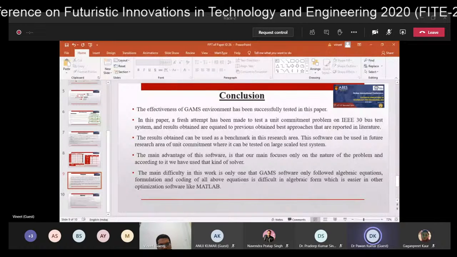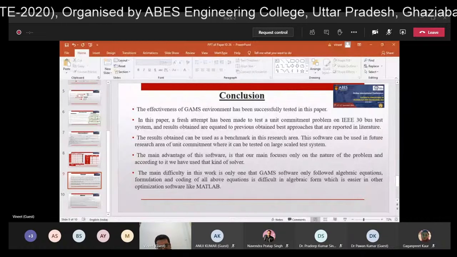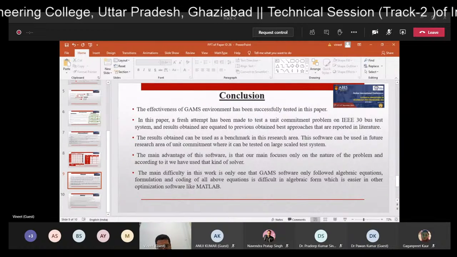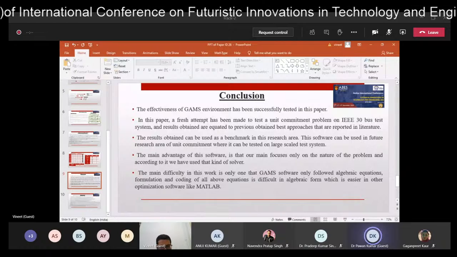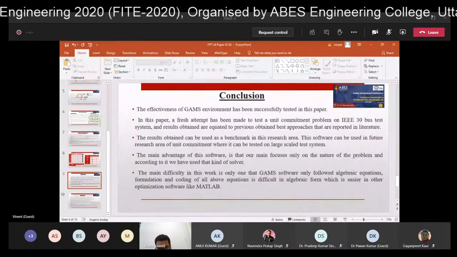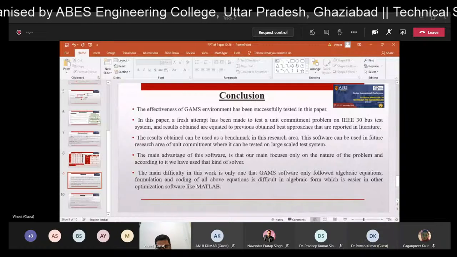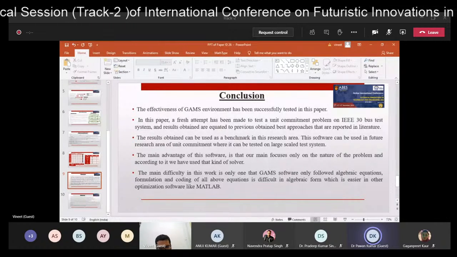Now, the main advantage of this software is that you do not need to model which type of solver we actually use. We only identify the nature of the problem, and according to it, we can use the solver. But the main difficulty here is that you have to model only in the form of algebraic equations, which is very easy in other software like MATLAB.